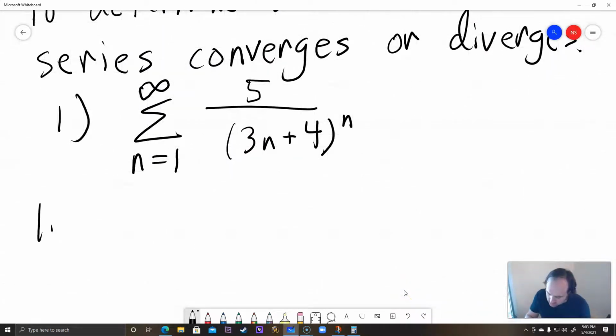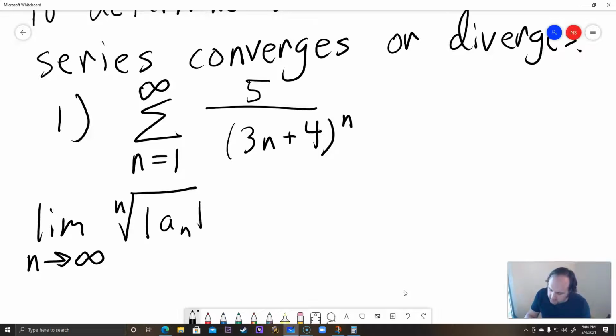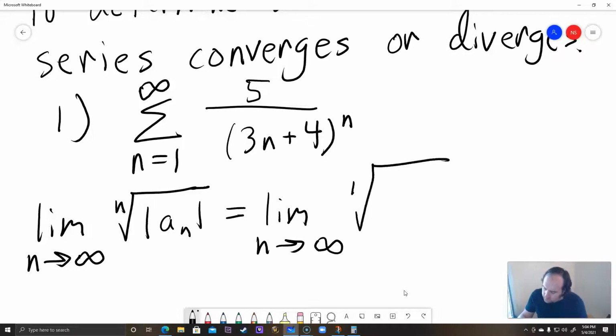Here that's going to be the limit as n goes to infinity of the nth root of absolute value of 5 over the quantity 3n plus 4, quantity to the nth power.